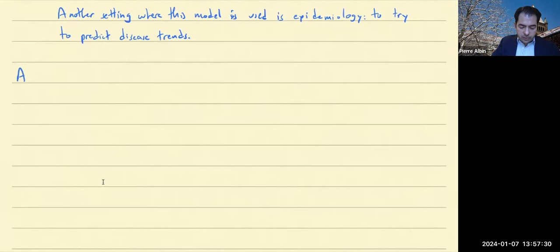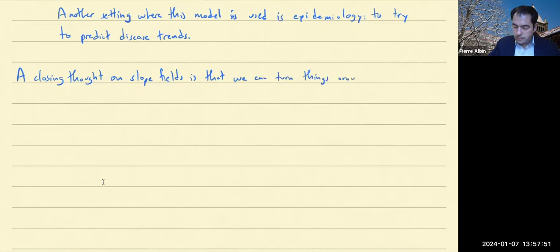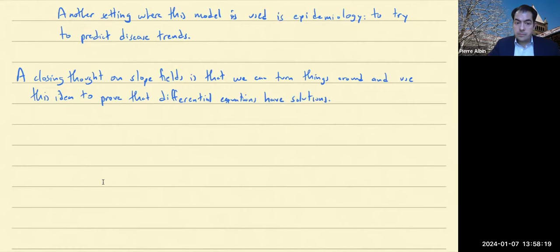As a closing thought on slope fields, is that we can turn things around and use this idea to prove that differential equations have solutions. Okay?